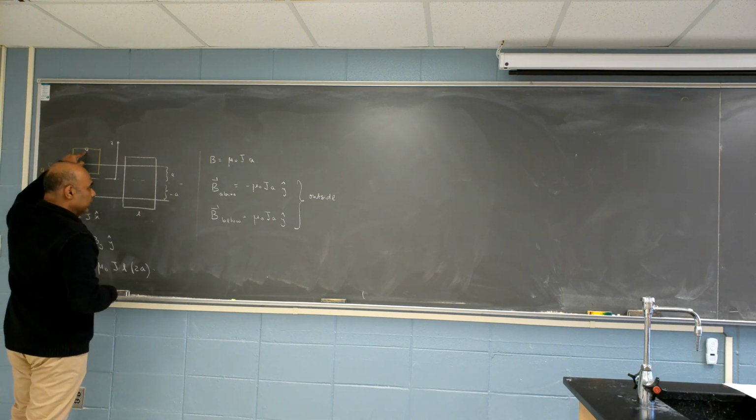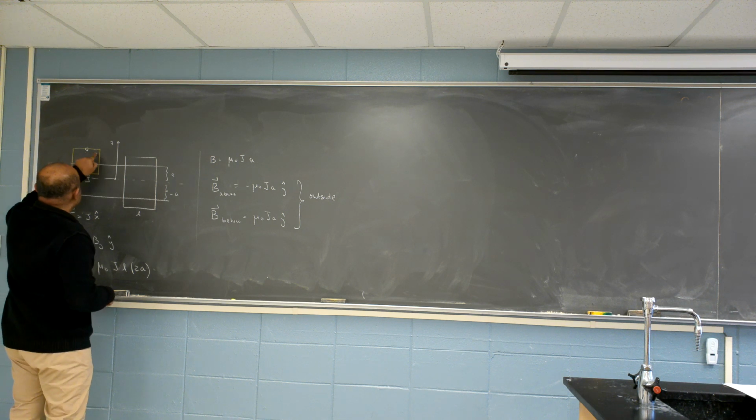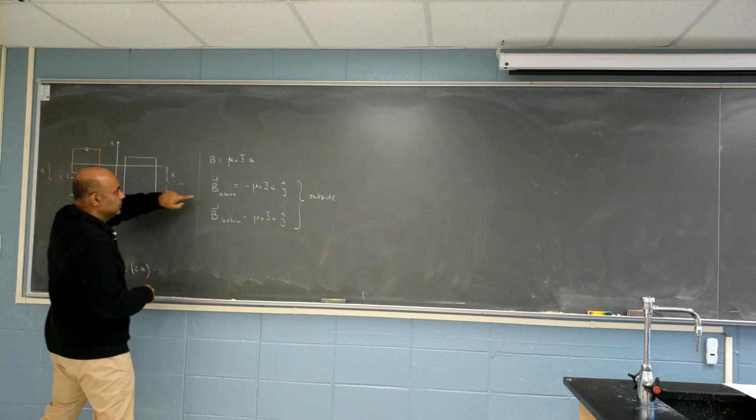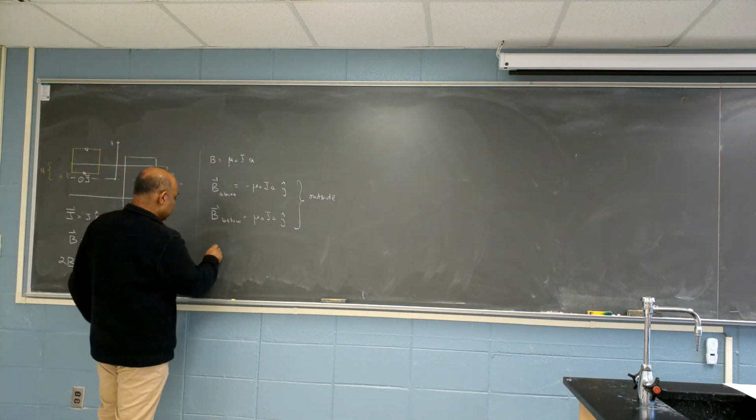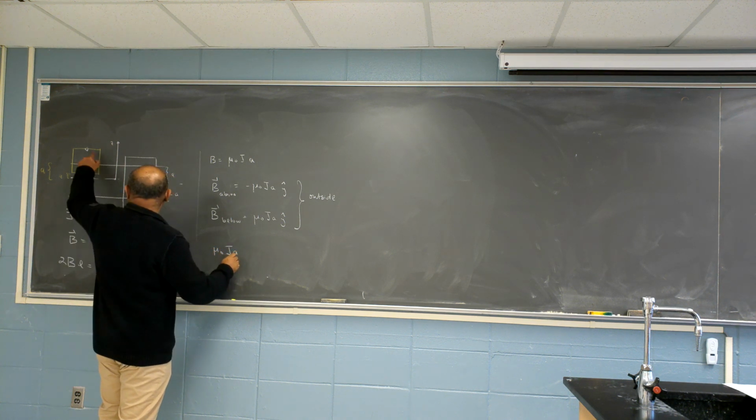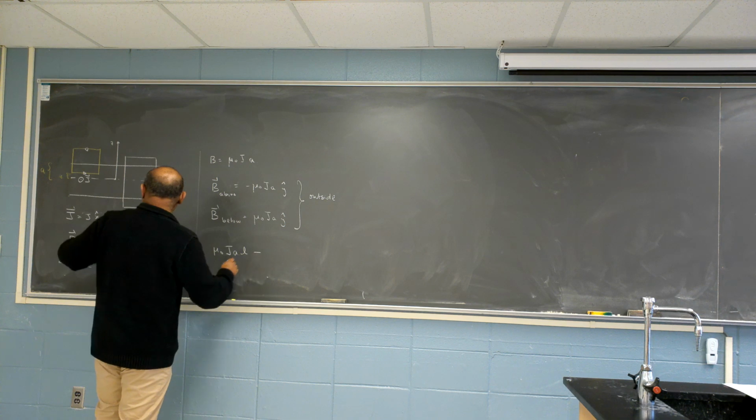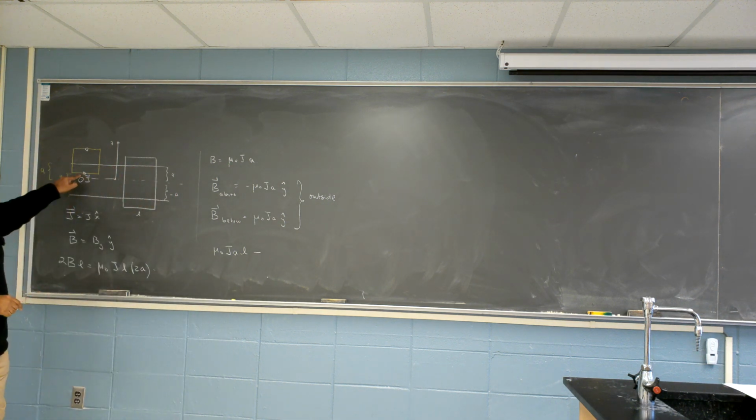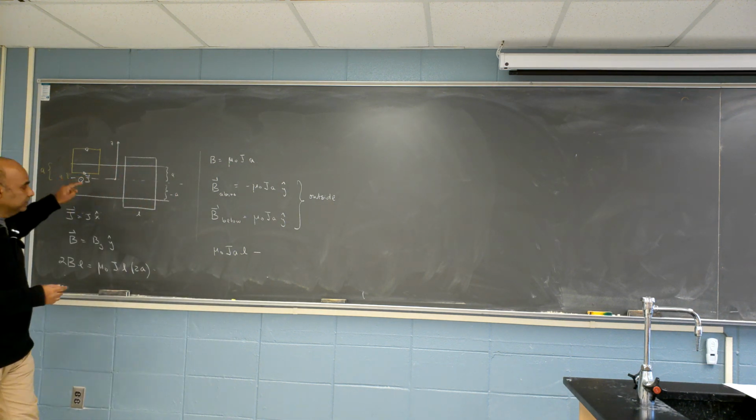So this one we know. So if I go this way, the minus and minus is going to cancel. I'm going to get mu 0 J A times L minus B below, whatever that is.